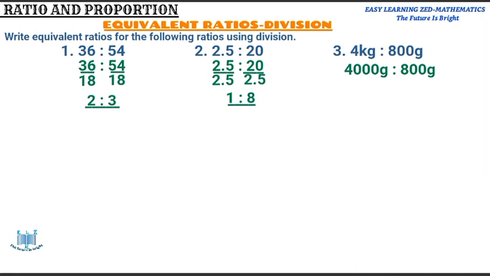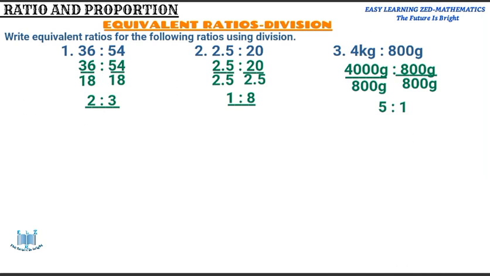So 4,000 grams divided by 800 grams will give us 5. Then 800 grams divided by 800 grams will give us 1.